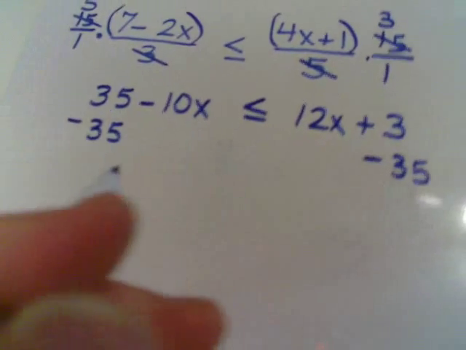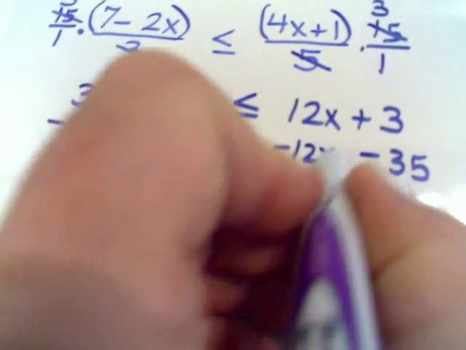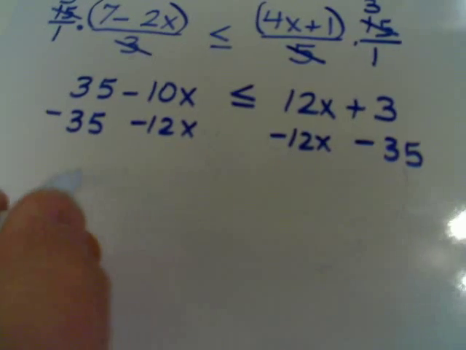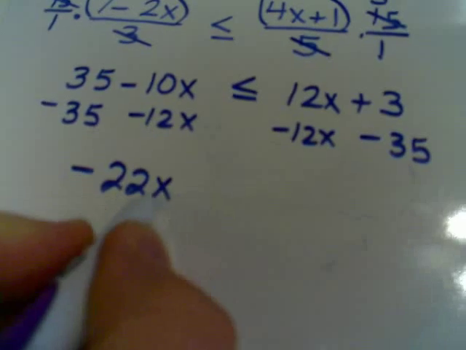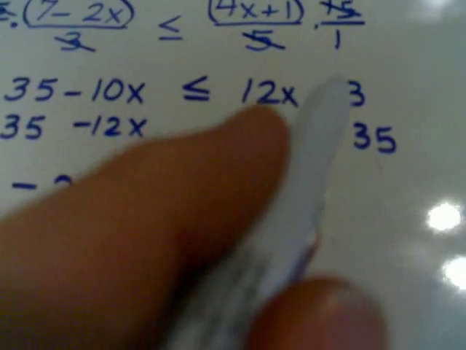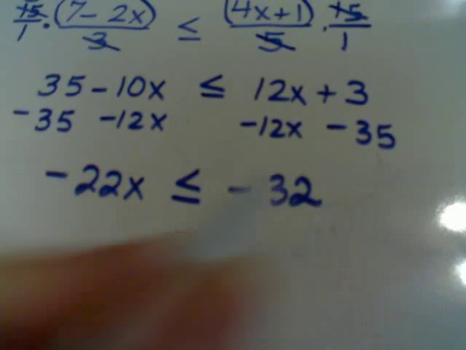And I'm going to subtract 12x from both sides. So on the left-hand side, I have a negative 22x, no sign changing. And on the right-hand side, 3 minus 35 is a negative 32.